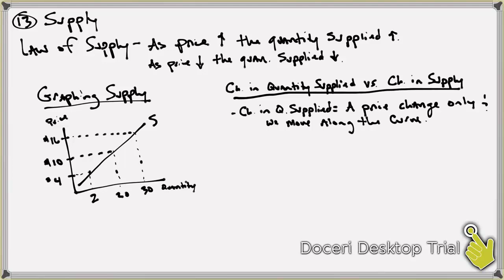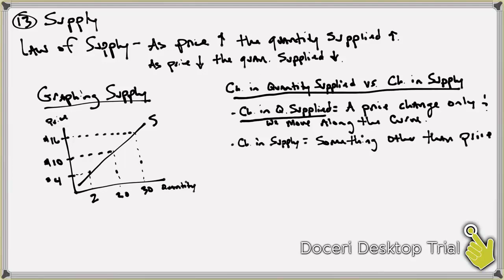Now, when we have a change in supply, put down change in supply, that happens when something other than price changes, and we shift the entire curve.